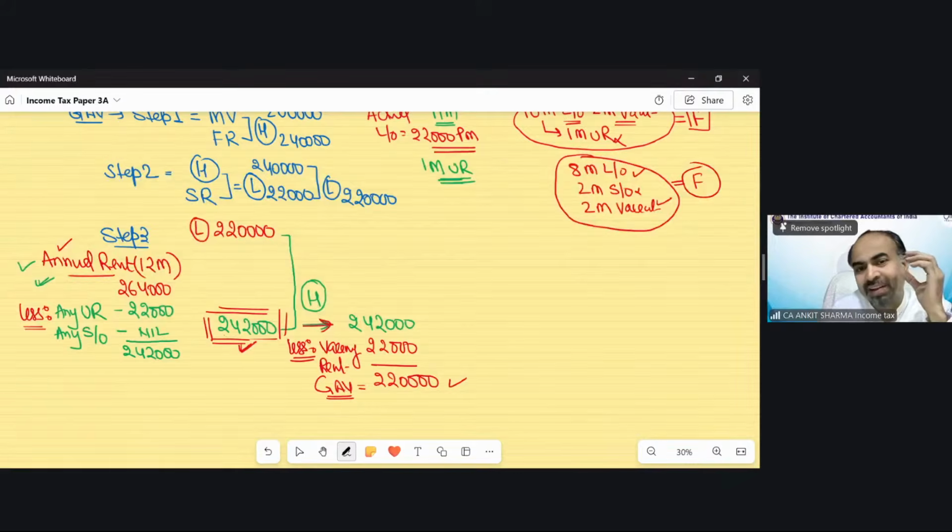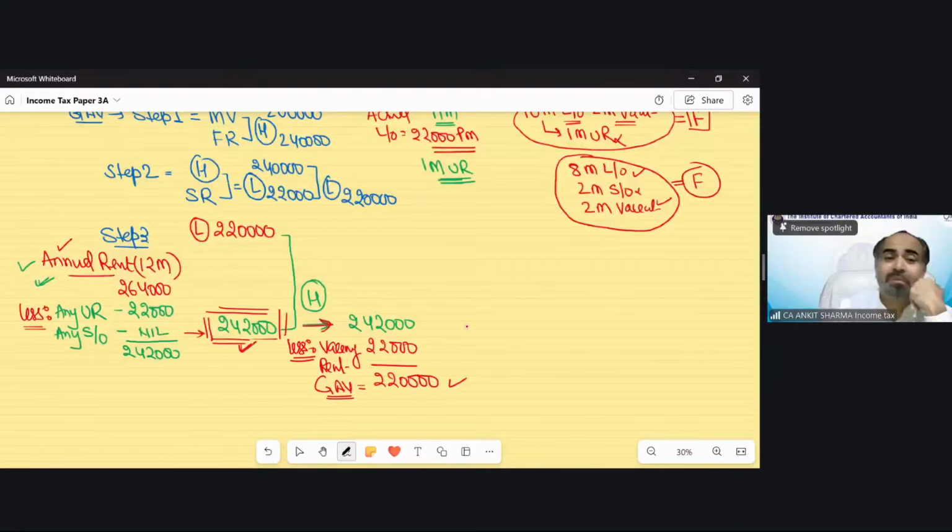So technically there are two extra steps involved. From annual rent, you need to reduce unrealized rent or self-occupied rent if that is in the question. Then if the higher value is this annual rent value, you can reduce the vacancy rent and that would be my GAV. After GAV, the other part is exactly the same, no difference.